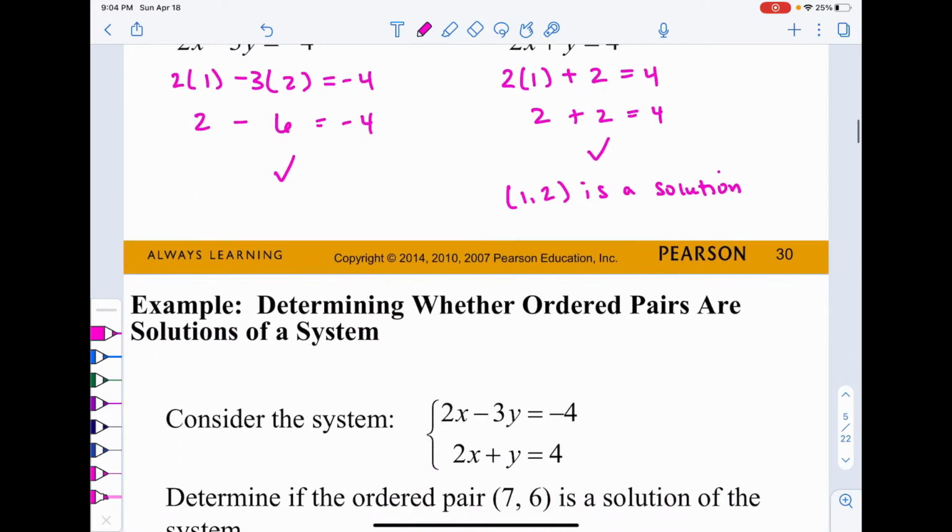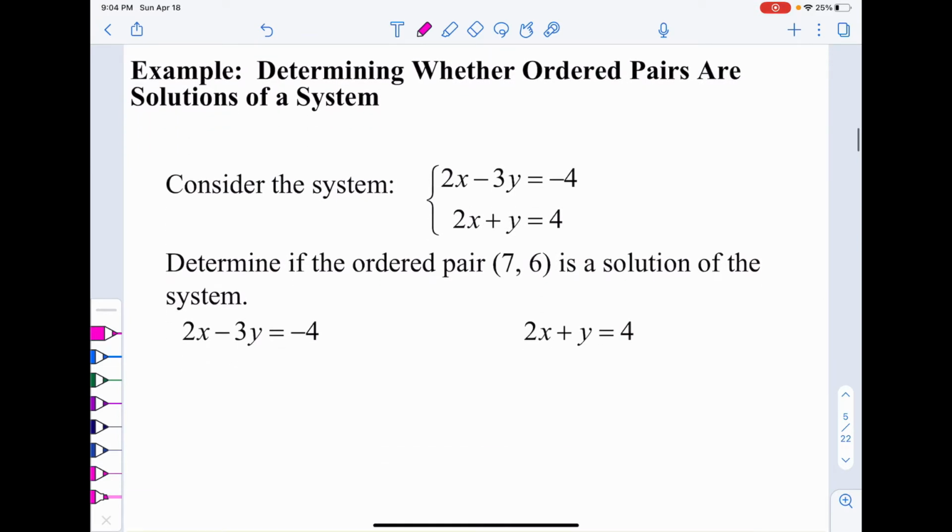Let's try another one. If I have the equations 2x minus 3y is equal to negative 4 and 2x plus y is equal to 4, the same equations, but this time they want to know, is (7, 6) a solution of the system? So again, I'm plugging in my x value and my y value. So 2 times 7 minus 3 times 6, is that equal to negative 4? So I want to know, is 14 take away 18 equal to negative 4?